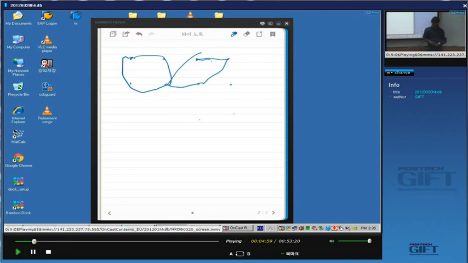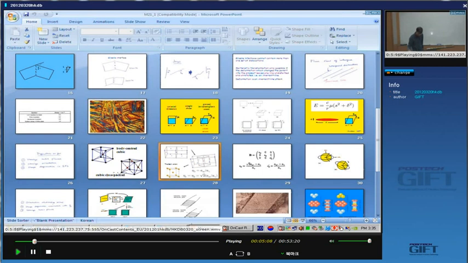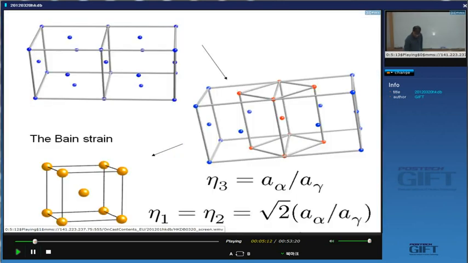Okay? So in the same way, the austenite can be represented as a body-centered tetragonal unit cell. We normally represent it as a cubic cell, but a body-centered tetragonal cell.